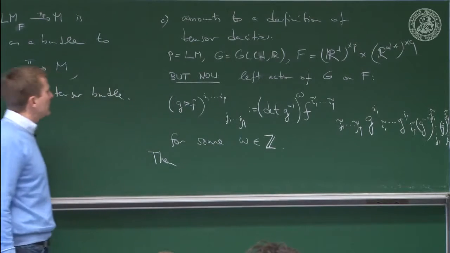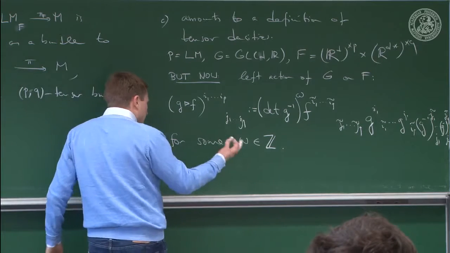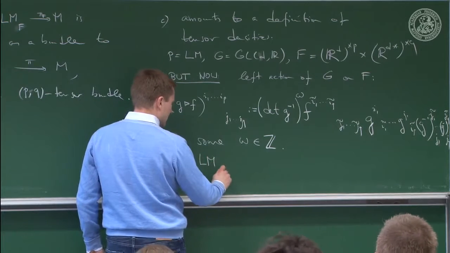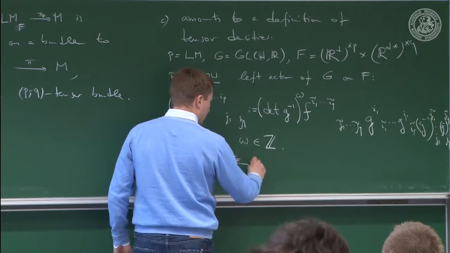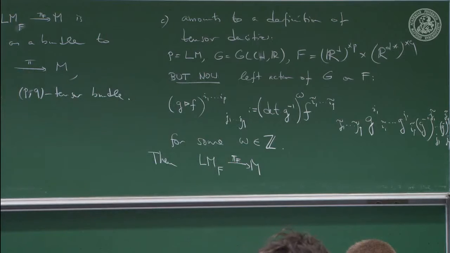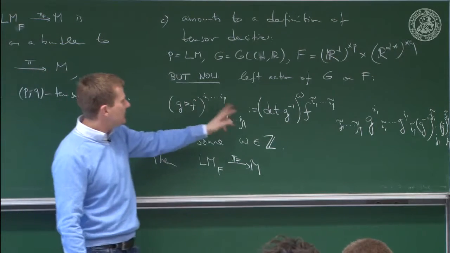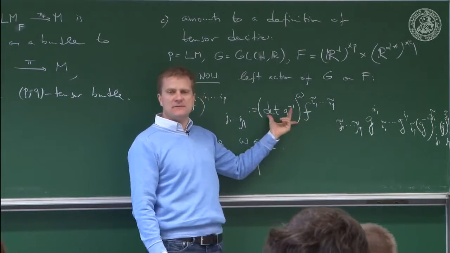Now we cannot claim that this is isomorphic to some bundle we already know, because we don't know that bundle yet. So we have to call this bundle LM sub this F, pi F down to M, which is only distinguished from the bundle LMF pi F down to M by the fact that the left action of the same group on the same fiber now picks up such a factor.